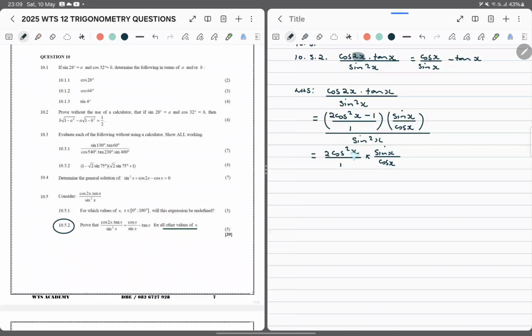This is where the problem came, because there's a sine x here. Now I'm trying to think. Why don't I use the sine one here? Okay, let's leave it at that.